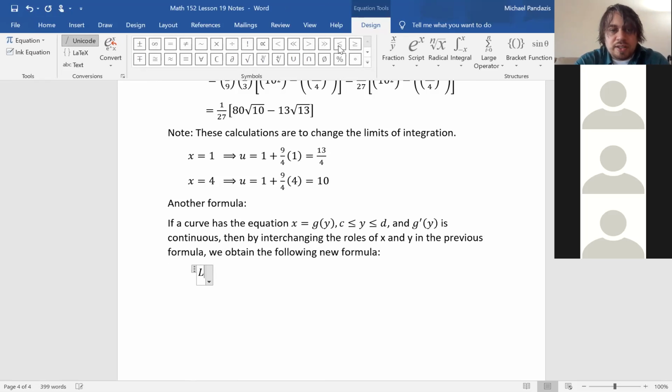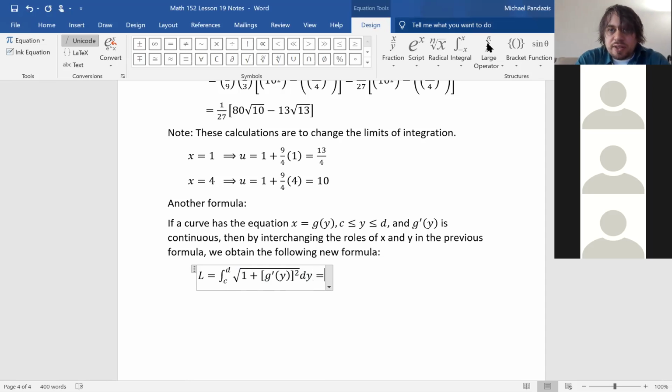Okay, so that new formula is that the length is equal to the definite integral from c to d of the square root of 1 plus g prime of y squared dy.